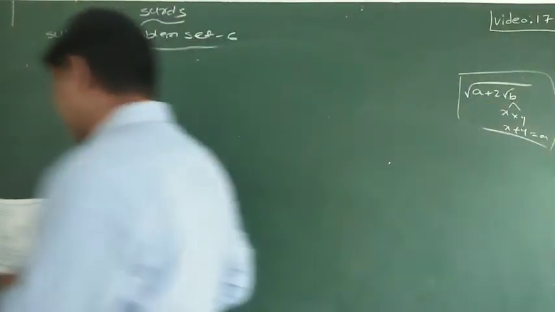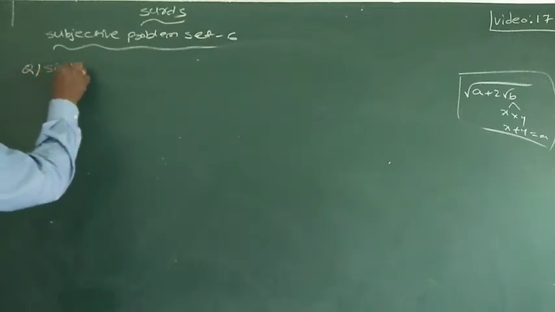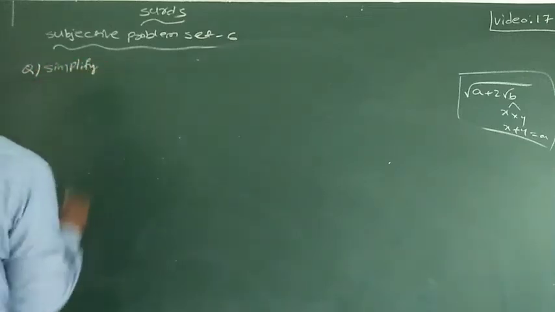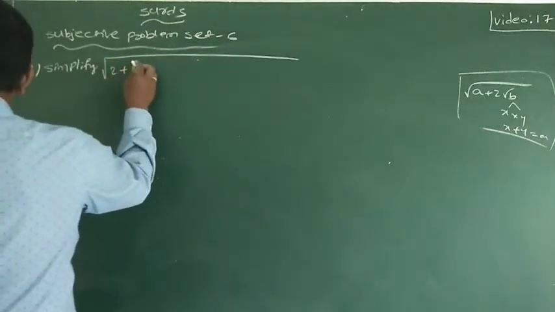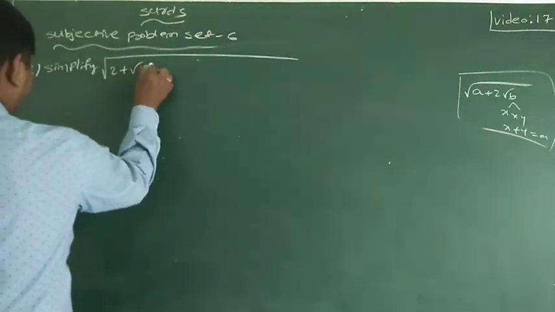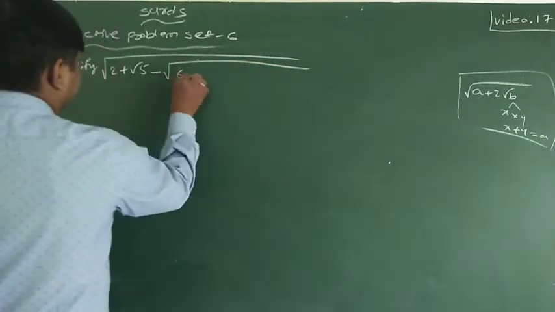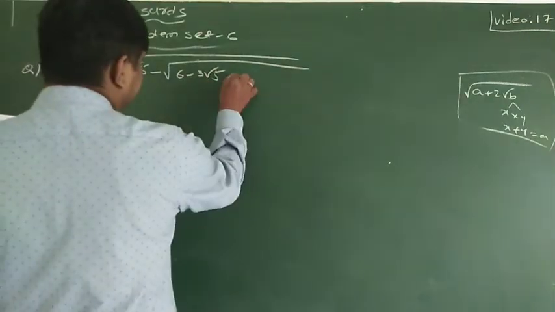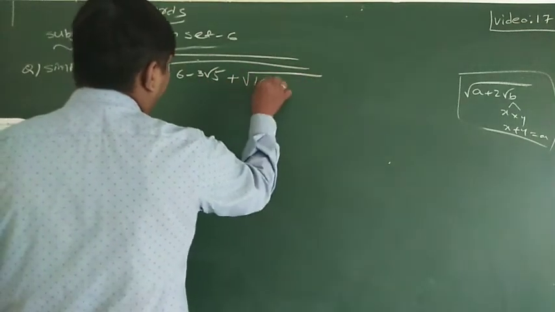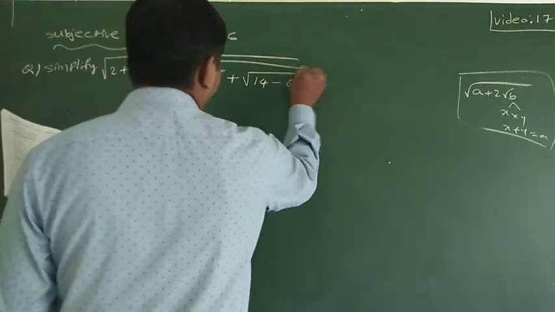Question. Simplify square root of 2 plus root 5 minus square root of 6 minus 3 root 5 plus square root of 14 minus 6 root 5.